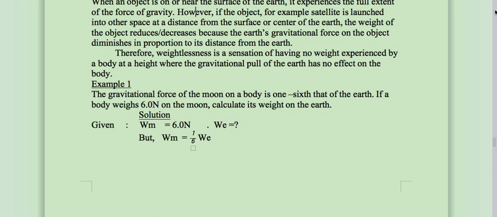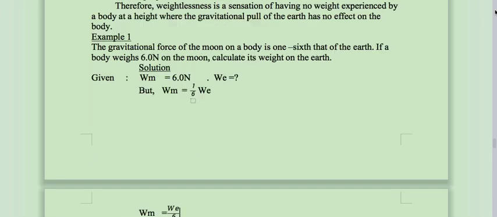Given the weight on the moon is 6.0 Newton. Now we are looking for the weight on the Earth. But we know from the sentence given to us that the weight on the moon is 1/6 of that on the Earth.